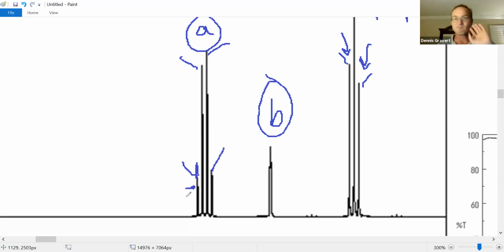It's just a little glitch of the way this data was printed out on the screen. It's been pixelated. So the best thing to do is just to go to the top of the peaks and have a look. I see the top of the peak, it's right here. Here's the next top of the peak, top of the peak, top of the peak. There's 4. This is a quartet. And just leave it at that.